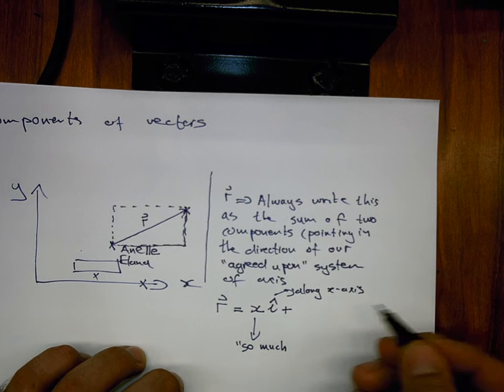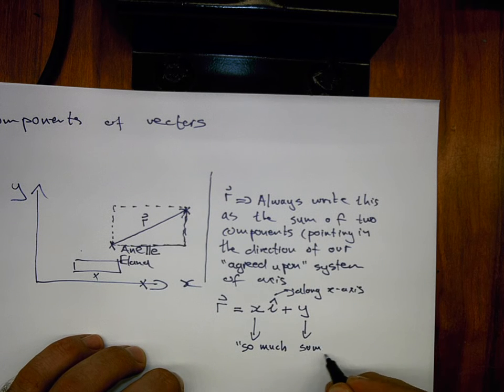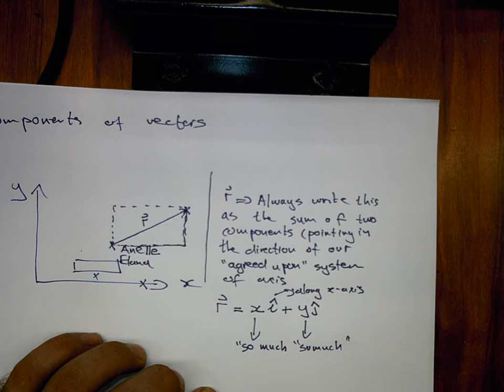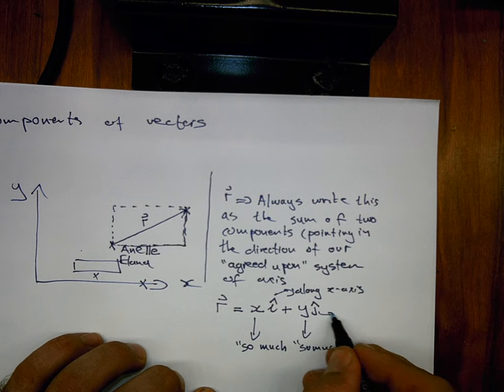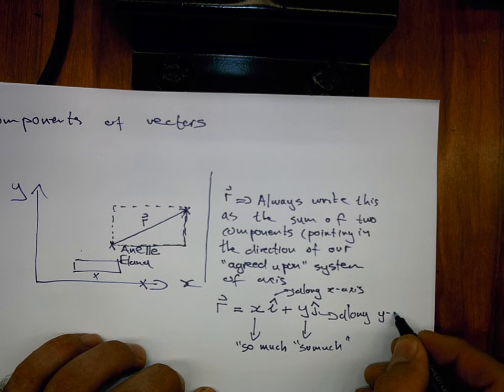And then to that I just add a certain amount, so much, along the y-axis. So how will I indicate along the y-axis? I'm just going to use a little j with a little cap on it. So all that means is along the y-axis.